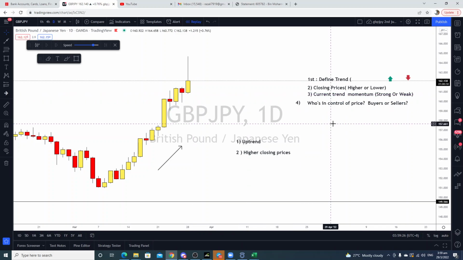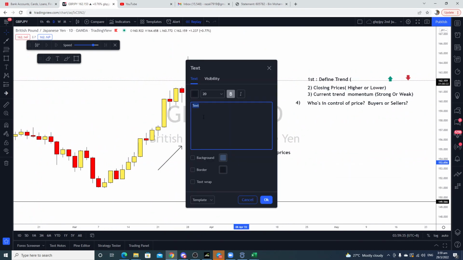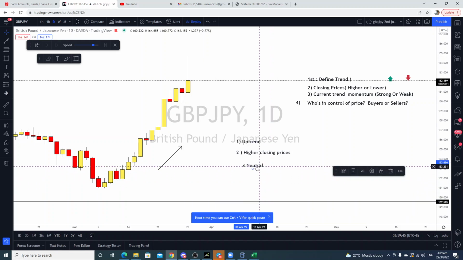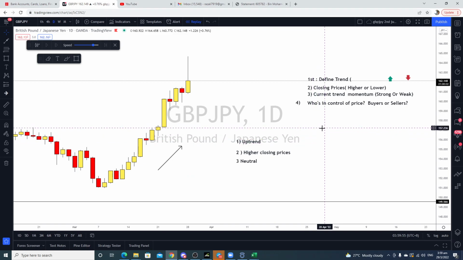Very risky. So current trend momentum, we will have to say neutral in this case. Neutral means the buyers are not strong, the sellers are not strong as well. Both are not strong, but it's still a buy, of course. For now, it's still a buy.